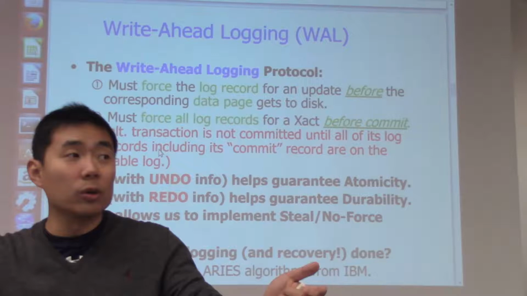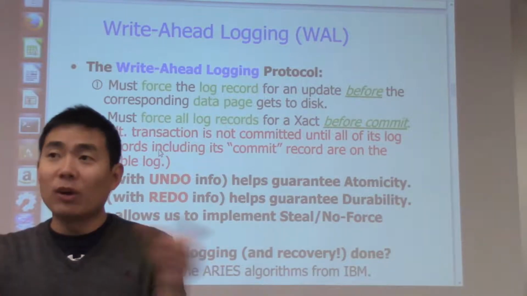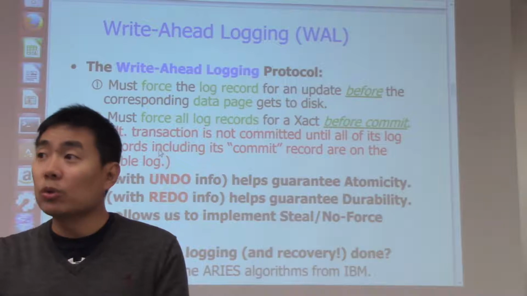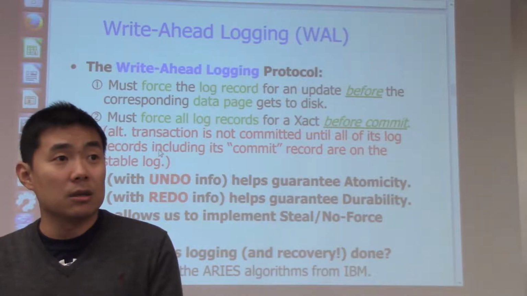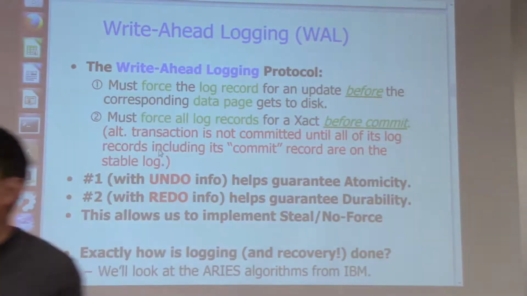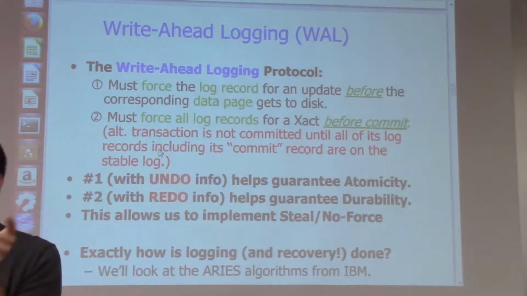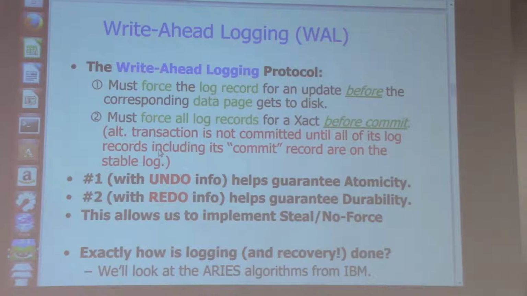Because I can load the log records for this transaction back in from the log file and redo all these actions. The reason you can do that is because I know you can only commit if all your log records are on disk. So when the system crashes later on, if you have committed before the system crashed, I know all your log records are on disk, guaranteed because of this.